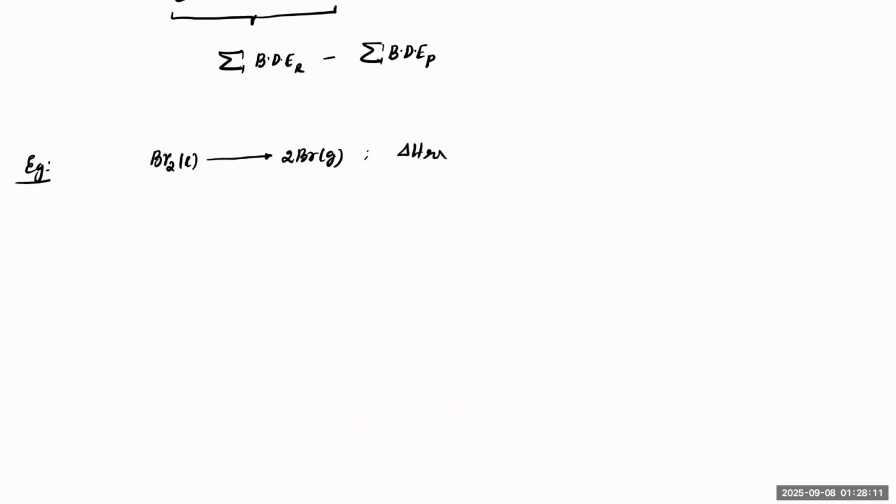So can I say that delta H of the reaction is equal to epsilon of Br-Br, considering I'm breaking the same bond? Or can I say that it is delta H of atomization of Br2 liquid?